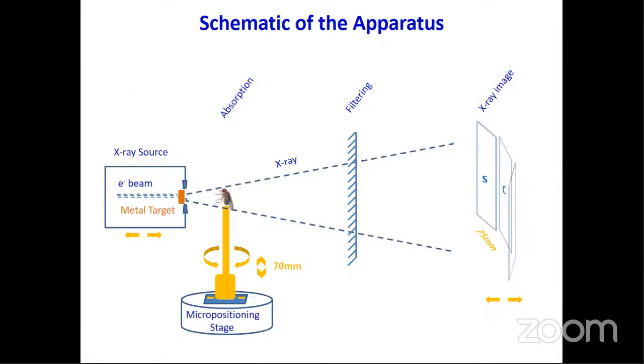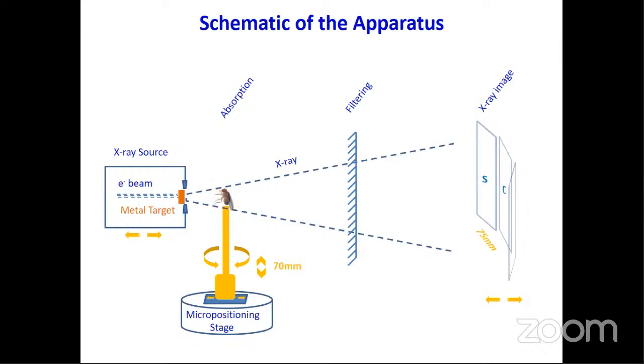As you can see, drawn in the schematic is the fly, which is sitting on a stage which can be micro-positioned by a few millimeters for minute adjustments to bring the sample within the field of view. Then the X-ray image goes through a filtering process if the users require.